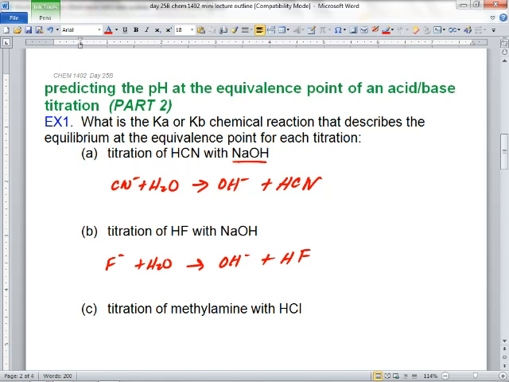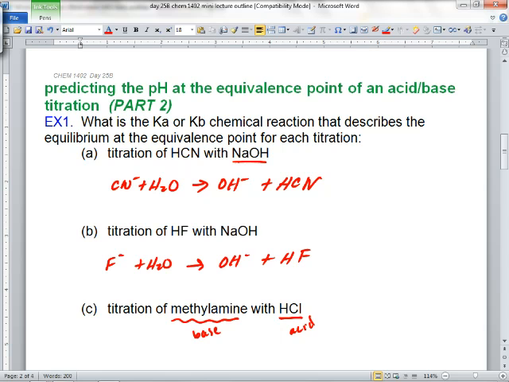Hold on. Titrate methylamine with HCl. Sorry, I'm getting lost. This one I have to go backwards. HCl definitely is an acid, a strong acid, right? So if that's an acid, this has to be a base.